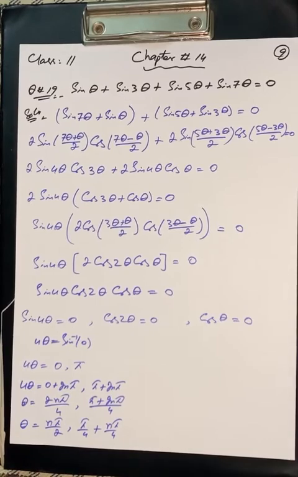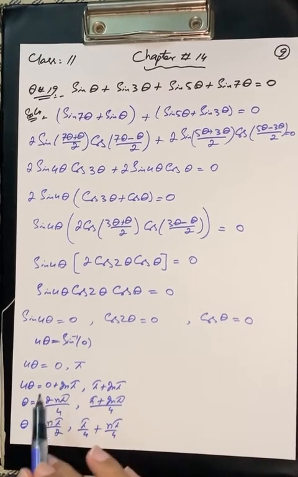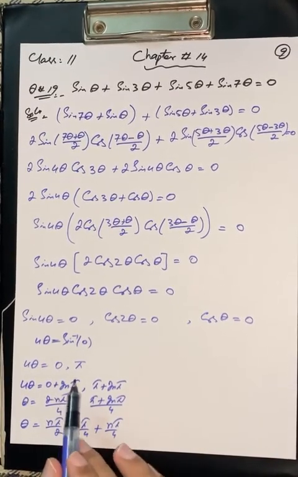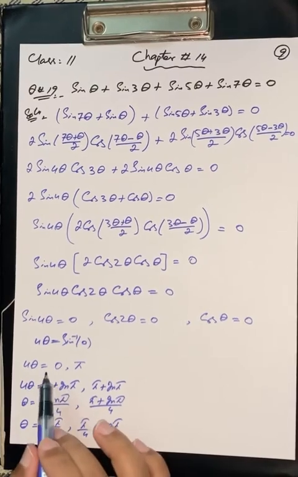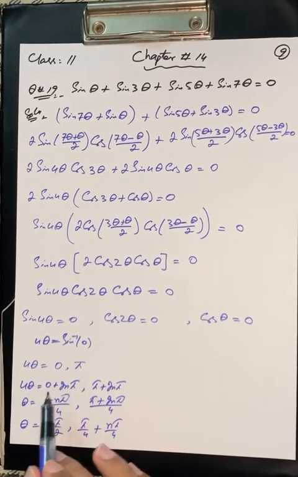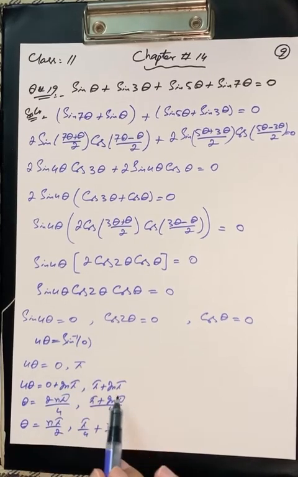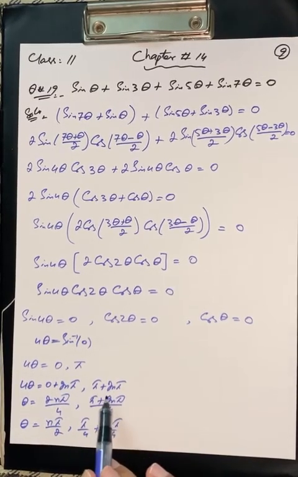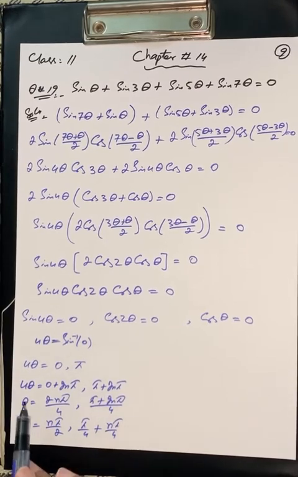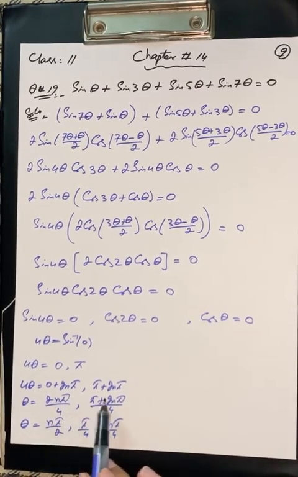Now what I do here, I directly apply the formula for period. Here we have 0 comma pi. What do we do? In 0 we add 2n pi, in pi we add 2n pi, that is the period, and you know that n belongs to Z. When we bring 4 to the right hand side, it will be divided by both values.